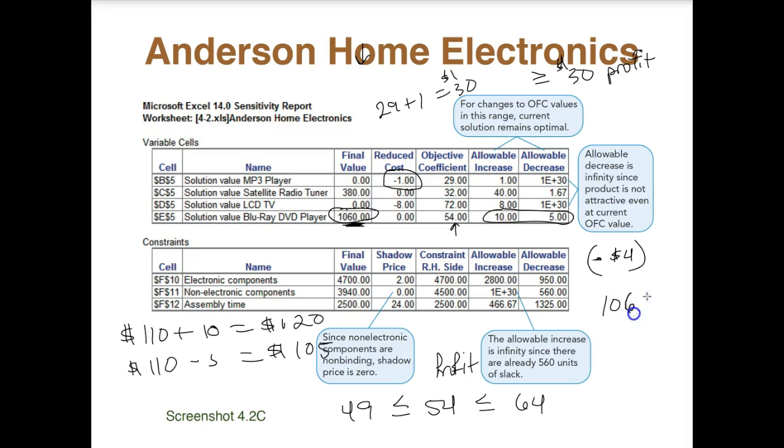So if we were to multiply 1,060 units times the $4 decrease in the amount of profit that we're going to get for each one, then of course we multiply all of this, we get 4240. So that would be the decrease in profit that we'll have. So by answering that last question there, we'll go back to it right quick.